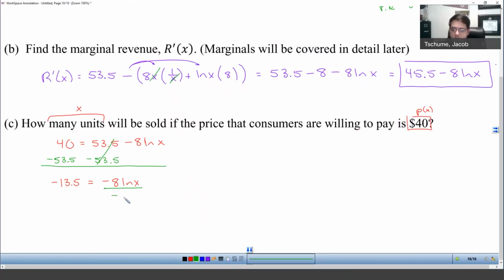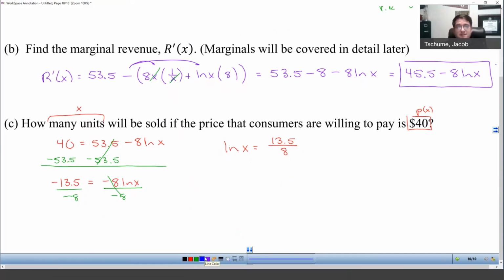If you divide both sides by negative 8, this cancels. And once again, we're going to end up using our calculator in just a second, so I'm not going to simplify this at all. Over here on the left, I can say that the natural log of x equals this fraction. The only thing I'm going to do is cancel the negatives off and make this 13.5 divided by 8.